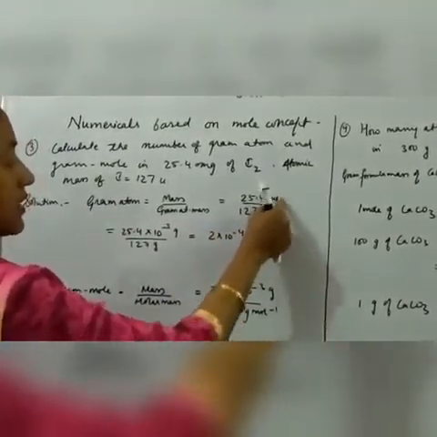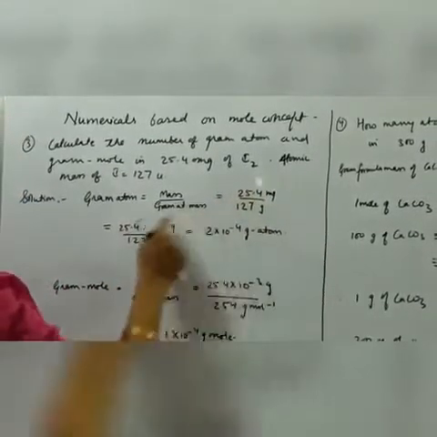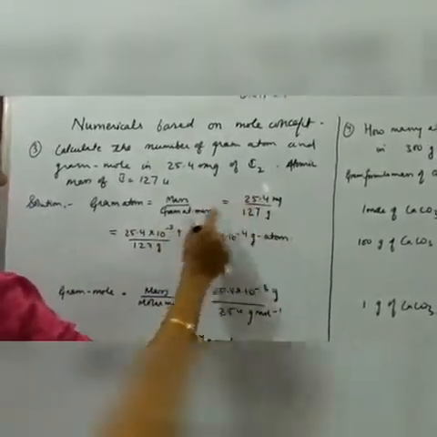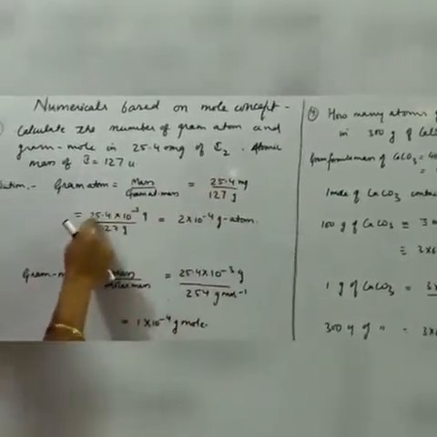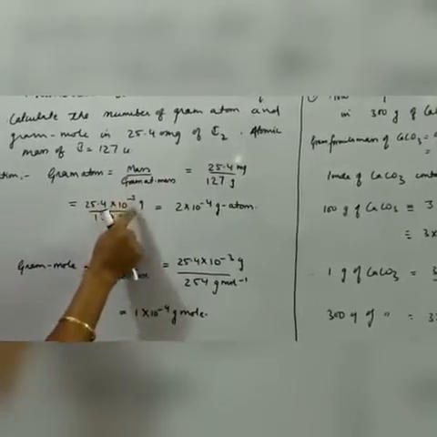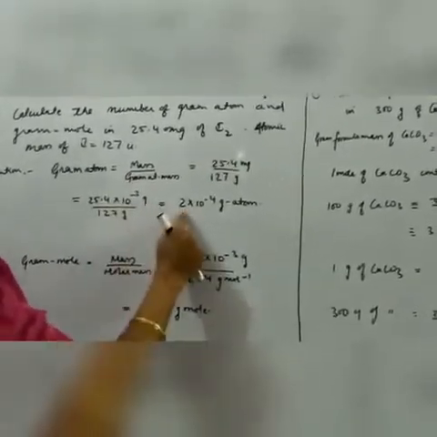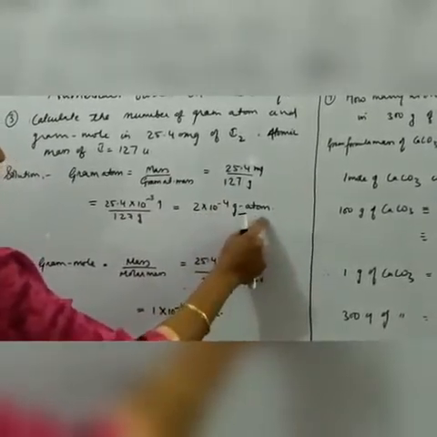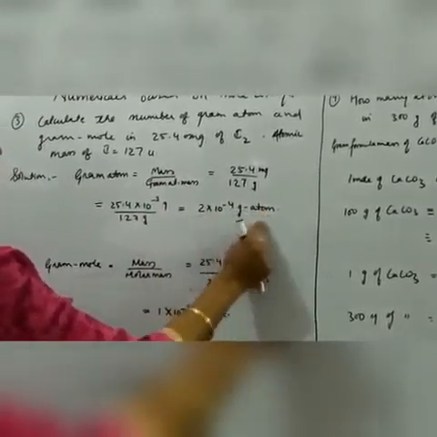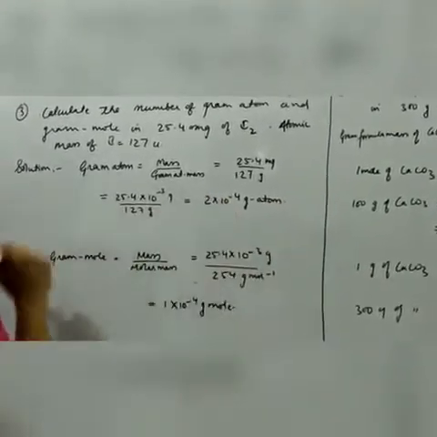Now you can see the difference in the units, so first you convert it. We know that 1 gram equals 10^3 mg. So 25.4 × 10^-3 gram upon 127 gram, and by solving it you get 2 × 10^-4 gram atom. This will be the number of gram atoms in the iodine.